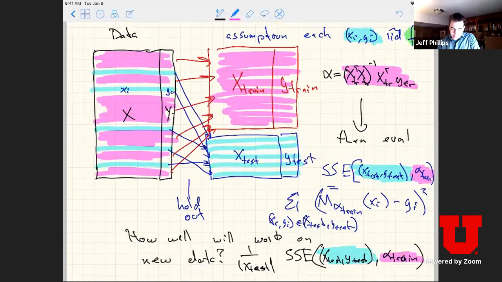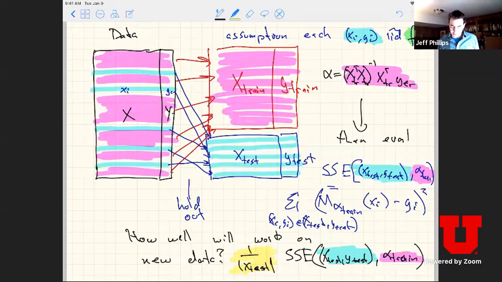And then I'm dividing through by the number of the test points, right? So if I have 5 testing points in this small example, I'm going to get a sum of squared errors, the sum over 5 points, but the average squared error is just dividing by 5. So when I divide through by the number, that gives me a sense of the expected squared error I'm going to get.